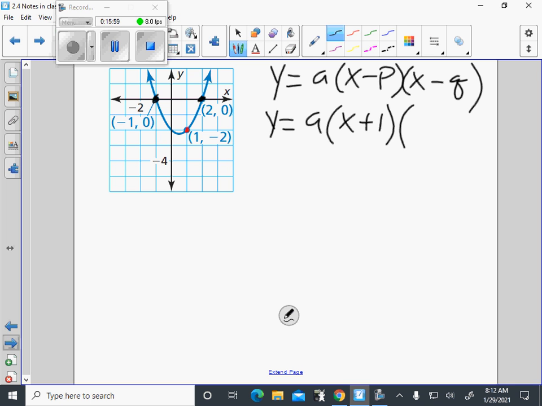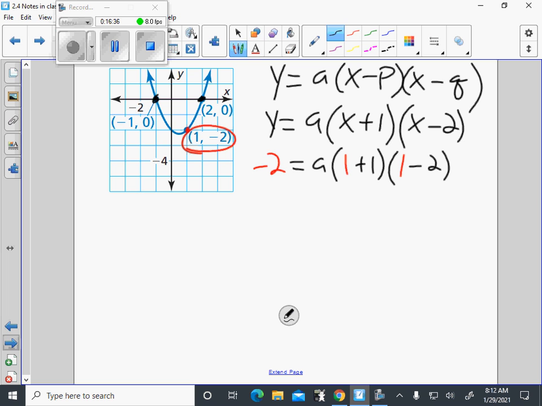Another x-coordinate is positive 2, 0, so we're going to say x minus 2. Alright, now what are my coordinates? Right here, remember x and y, so negative 2 is y equals a times x is 1 plus 1, and then x is 1 again, okay, minus 2.